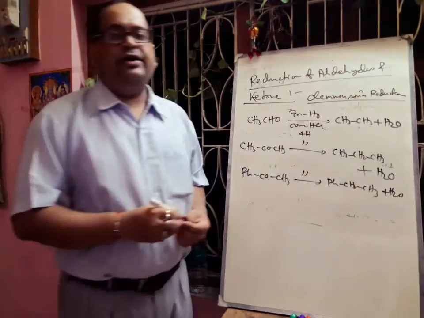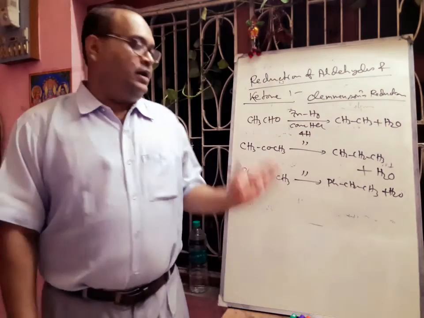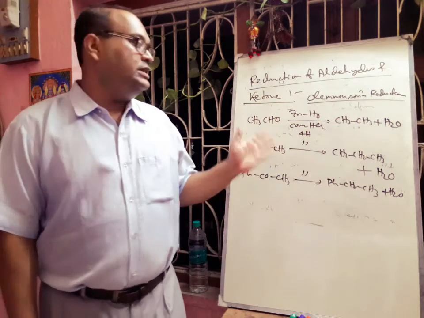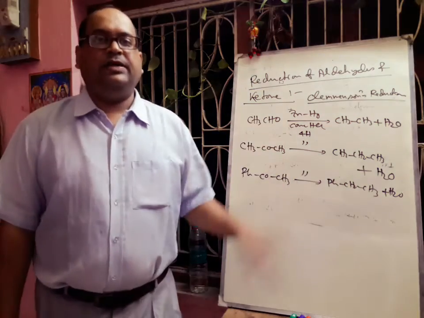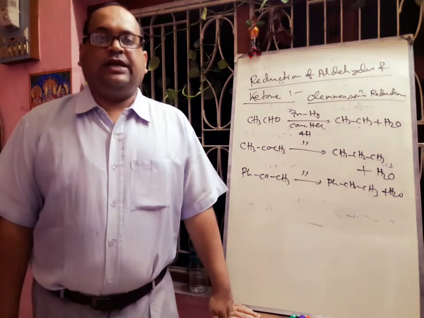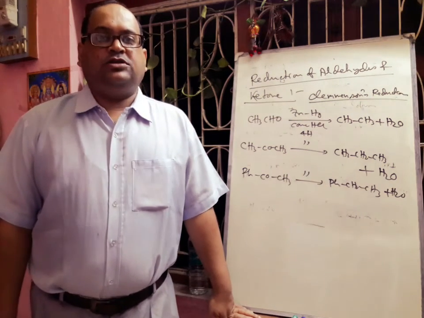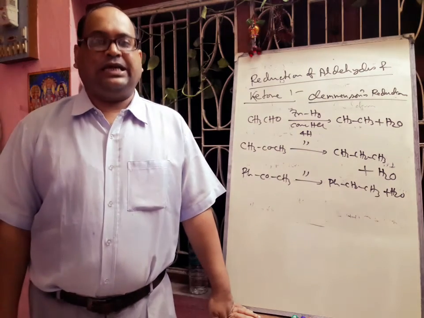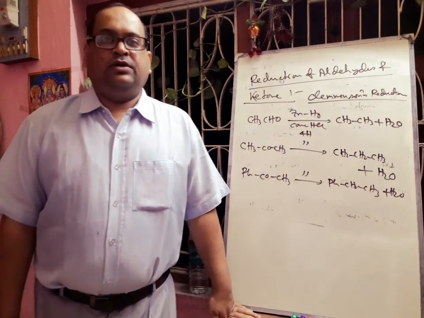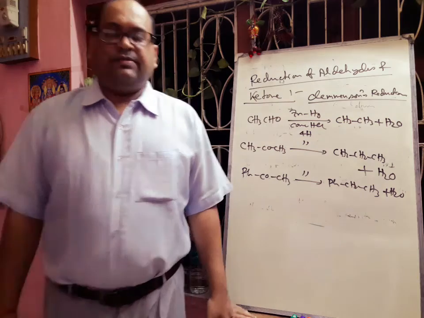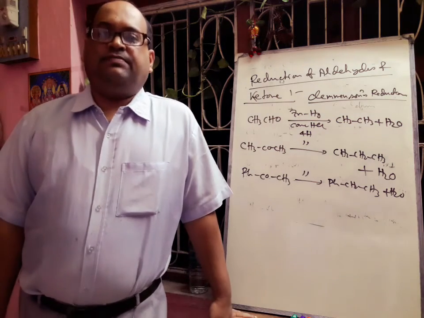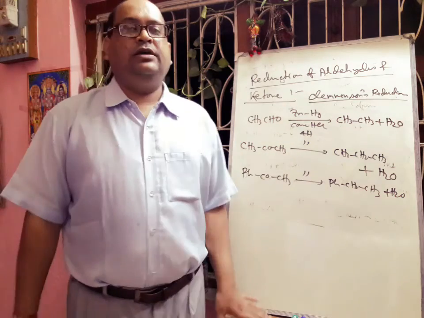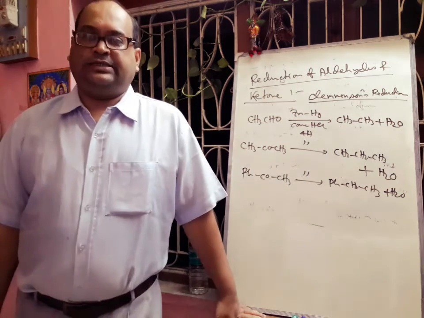So in this way we can easily prepare the corresponding alkane by reducing the carbonyl group, whether aldehyde or ketone. This method is widely used for aldehydes and ketones which are sensitive to alkali, so generally we use this type of reaction.